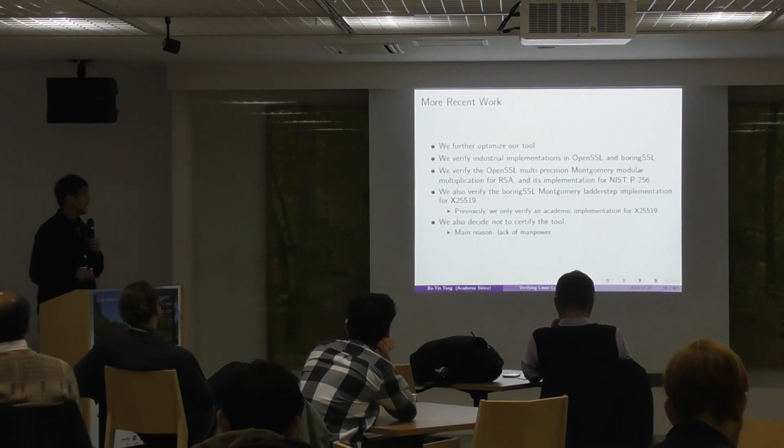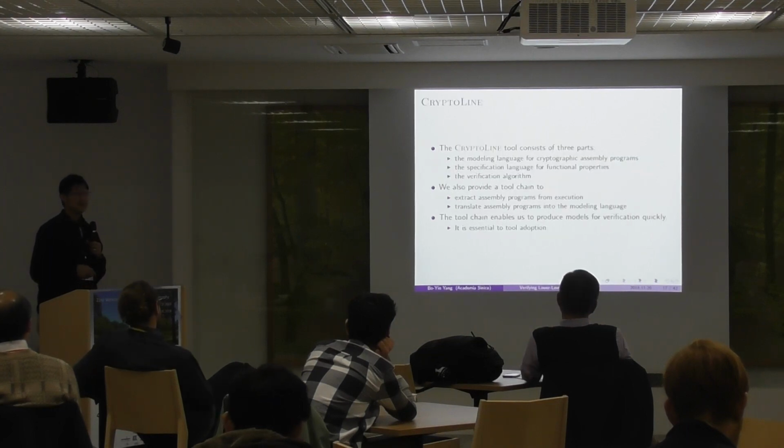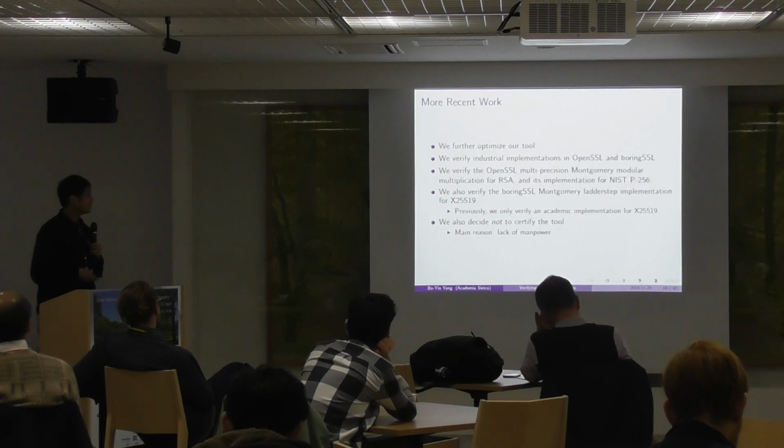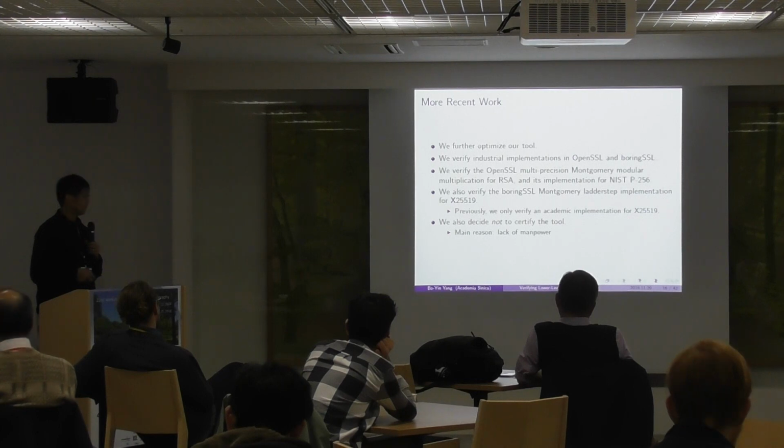Our tool is not certified. The reason is that we don't have the manpower to do that, and also we believe that this is already very useful when your daily development is concerned.